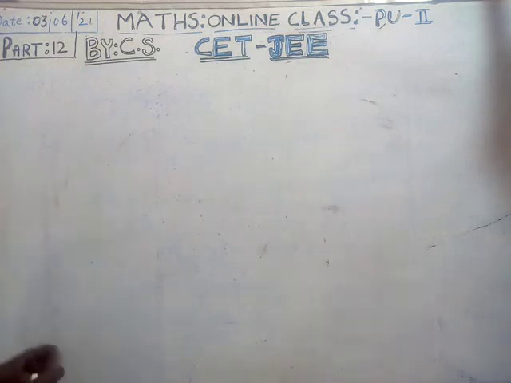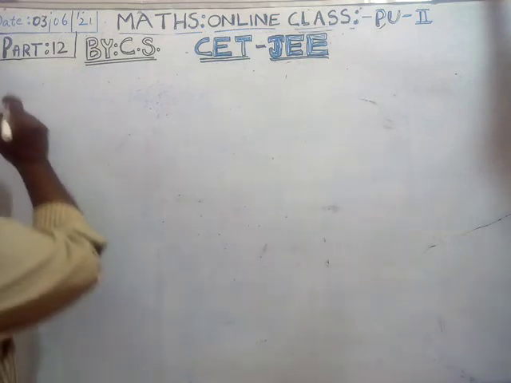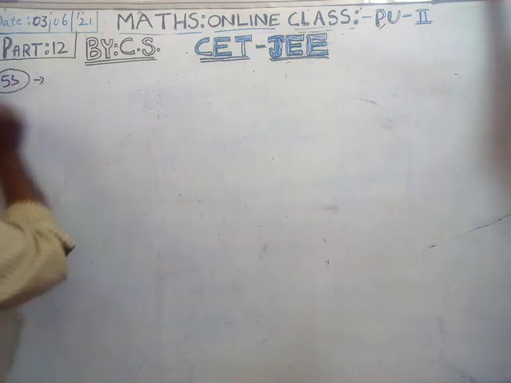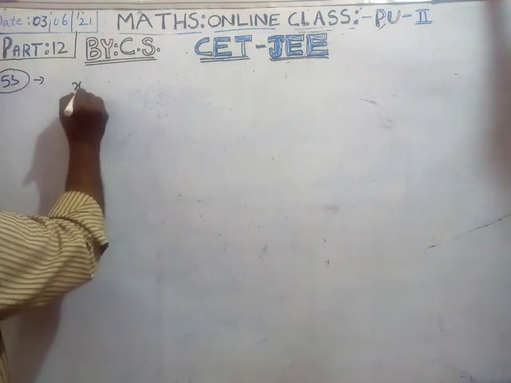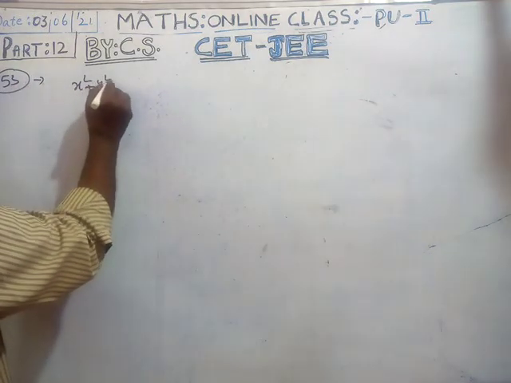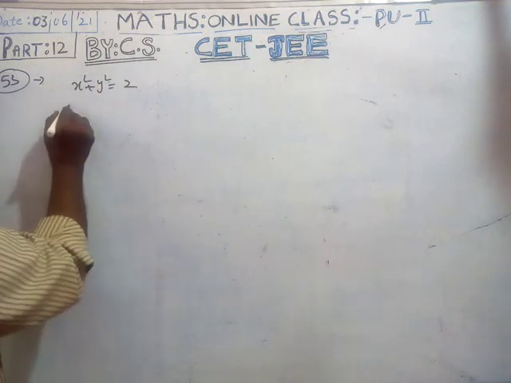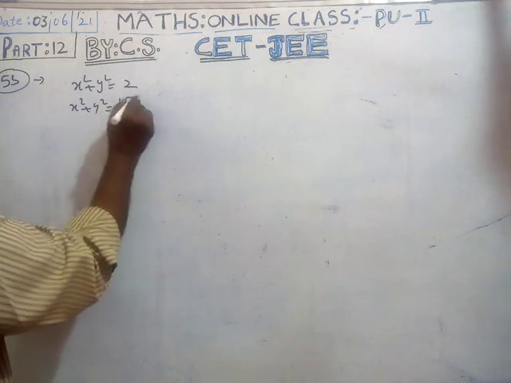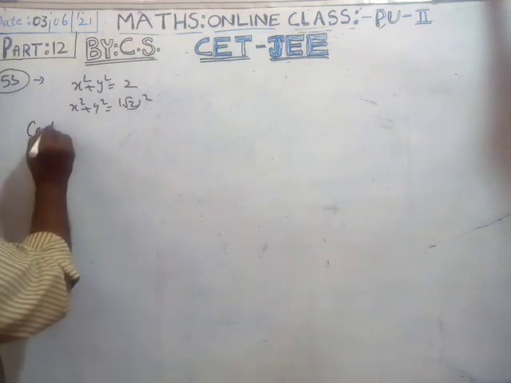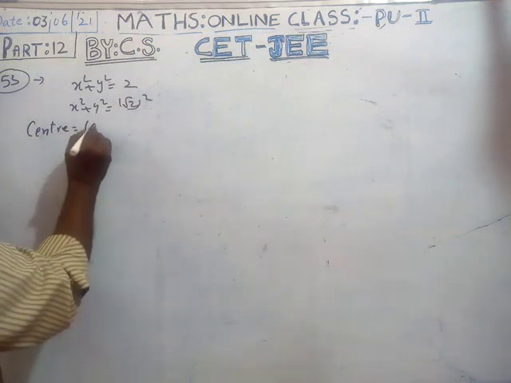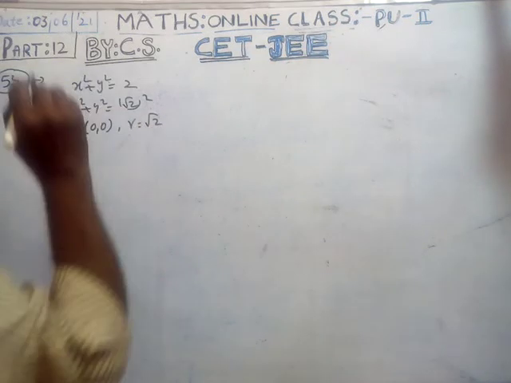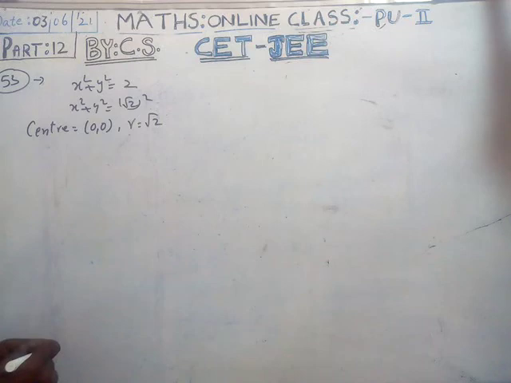In the 53rd problem we are given x square plus y square is equal to 2. That means x square plus y square is equal to root 2 square. So the center is 0, 0 and the radius is equal to root 2.